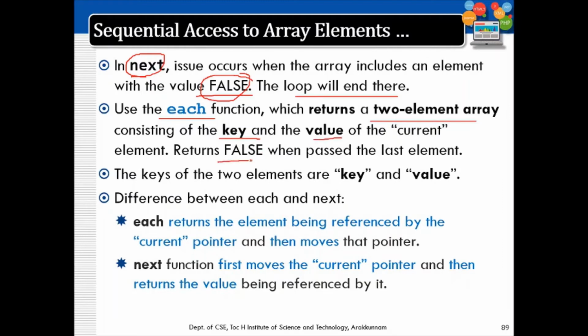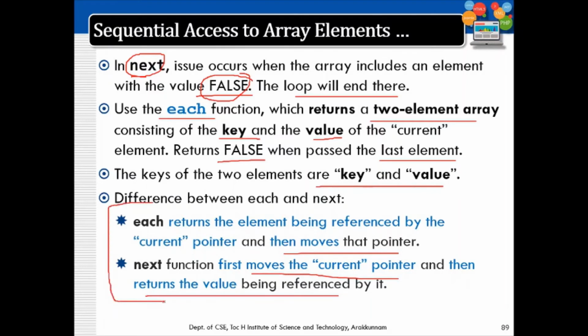It will return false when it reaches the last element. So the keys of the two elements are key and value. The difference between each and next is that each returns the element being referenced by the current pointer and then moves that pointer. The next function first moves the current pointer and then returns the value. This is the difference between each and next function.